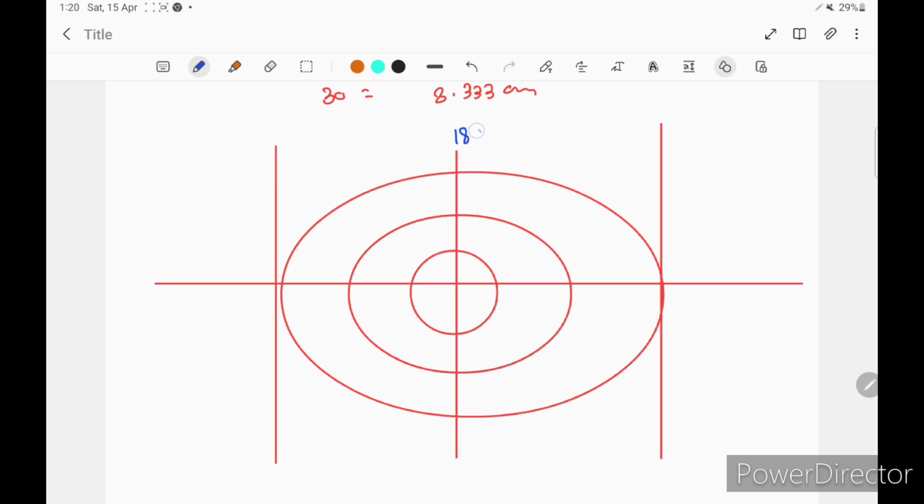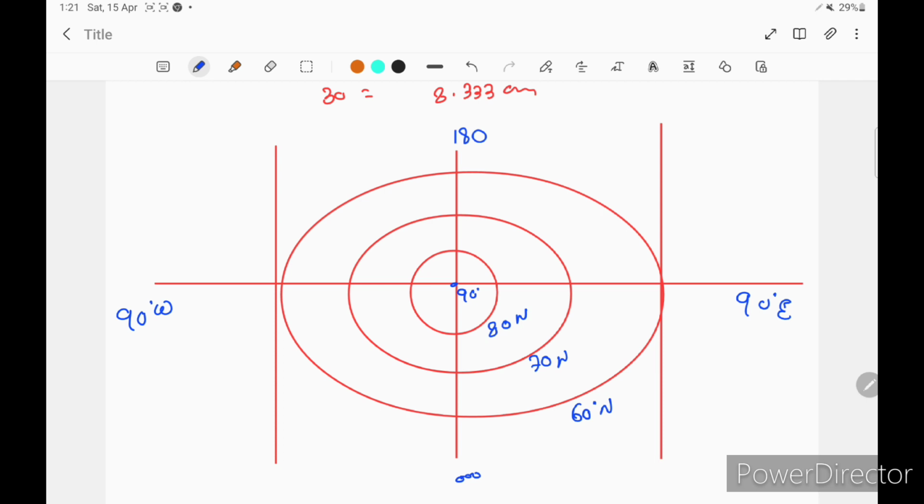Now consider this is 180 degree, this is 90 degree east, and this is 90 degree west, and this is 0. Now this is 90, so this one is 80, 70 and 60 degree north.